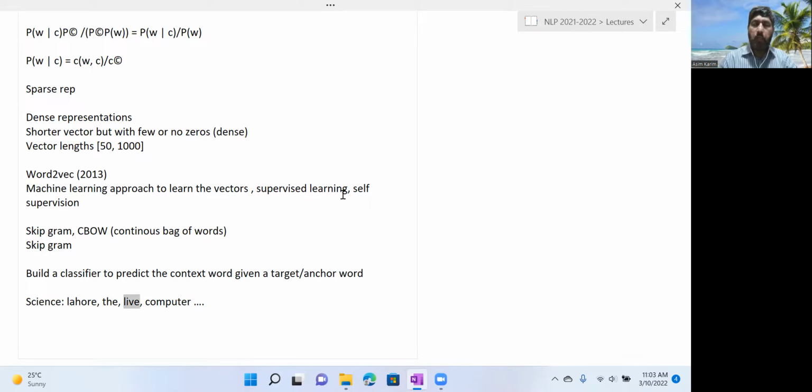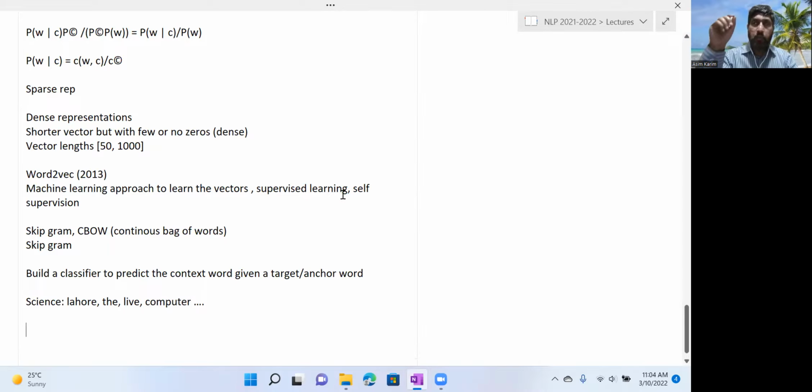Live might be relatively low. So why would you want to use live as an adjective with science? And of course, computer might be quite high with science because computer science occurs almost together in most corpora that talk about science, and so on.